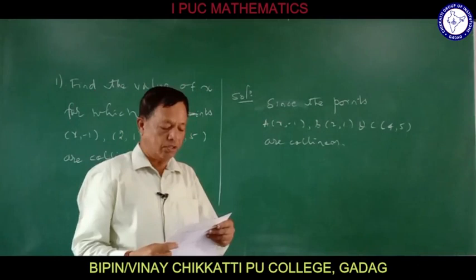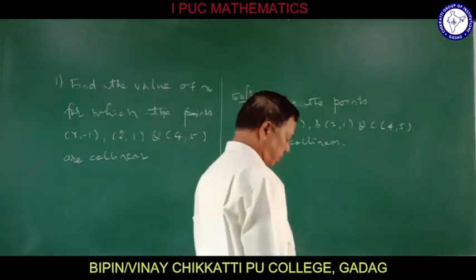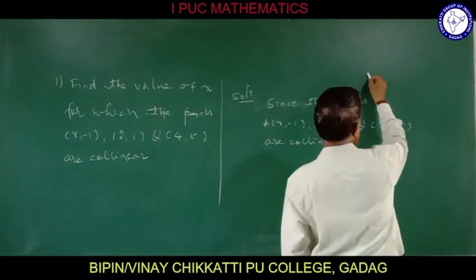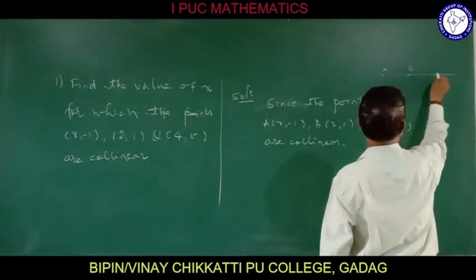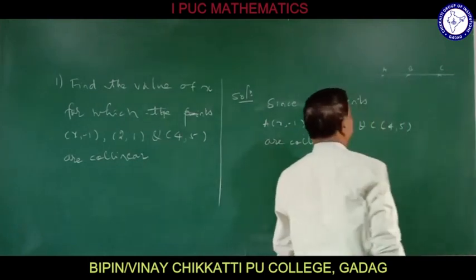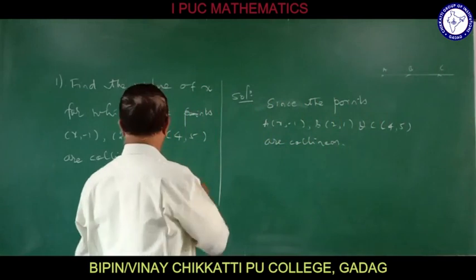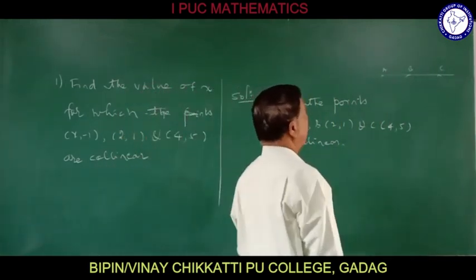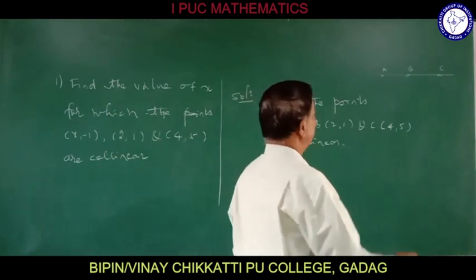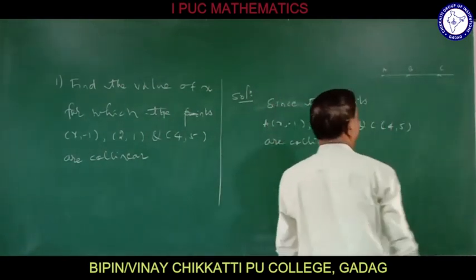But one thing is that when the points are collinear, A, B, C, these are the collinear points, using the concept of straight lines, we have to show that the slope of AB is equal to the slope of BC.